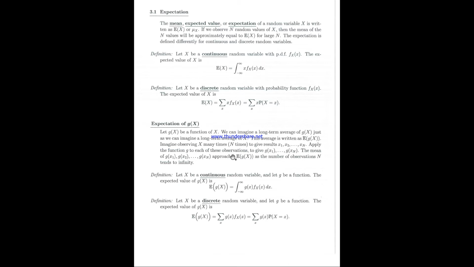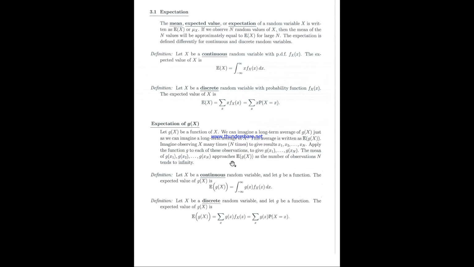Also, when you have a random variable x and you are given a function of x, you can again calculate the expectation. If g(x) is a function of x where x is a random variable, then if x is continuous, you integrate: you take the function g(x), multiply by the probability density function, and integrate over the full range of x.